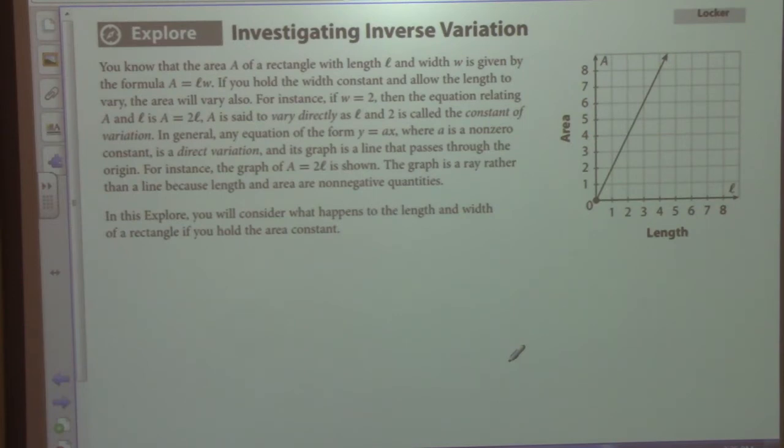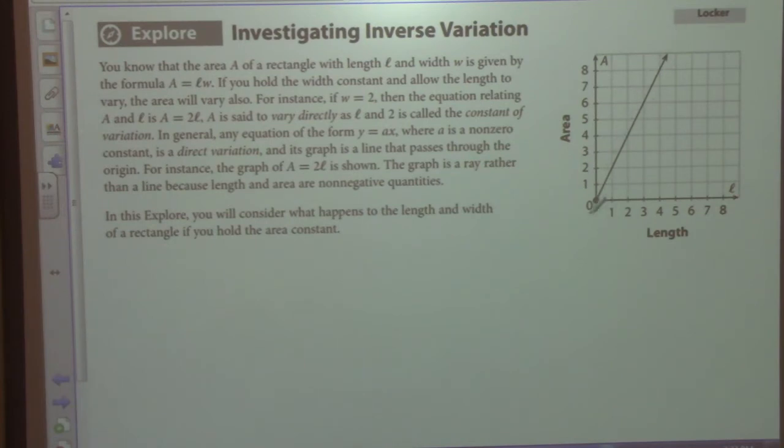Two things. It's straight, a line. And what else about that line? You're positive? So the line actually goes through the origin.